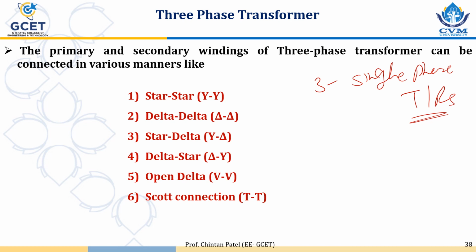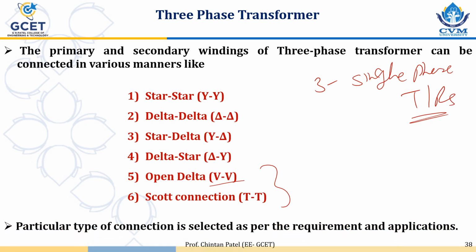It could be star-star connection, so primary is connected in star, secondary is also connected in star. Then delta-delta, so primary and secondary both are connected in delta. Star-delta, delta-star, open delta, which is called VV connection, and Scott connection, TT. These two, open delta and Scott, are special applications of transformers.